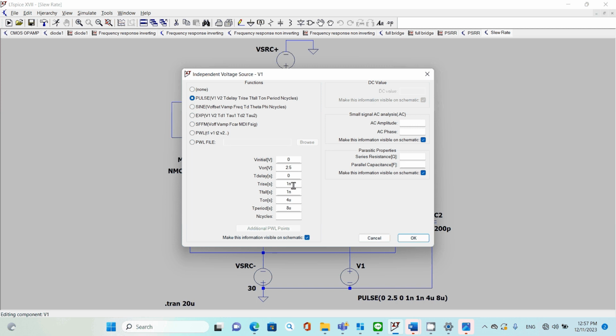For the rising time, from 0 to hit 2.5 volts, the maximum voltage or amplitude, LTSPICE does not allow you to put 0, so you just put a very small timing. So that's why I put 1 nanosecond, same as T fall, and you will see that's going to be your 1 nanosecond.